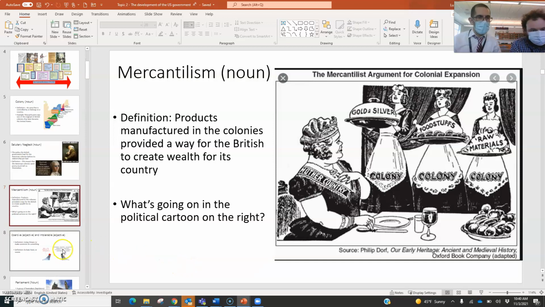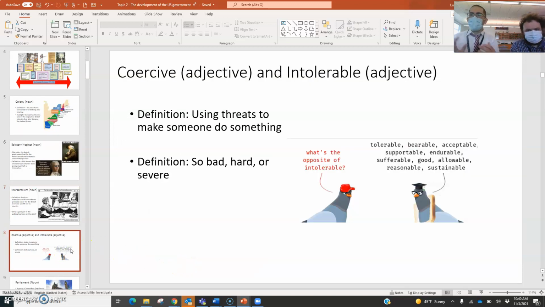All right, so next up, we're going to see the words coercive and intolerable. Those are oftentimes used in the same way when it comes to describing some of the decisions or some of the things that the British did to the American colonists. When something's coercive, that means using threats to make someone do something.